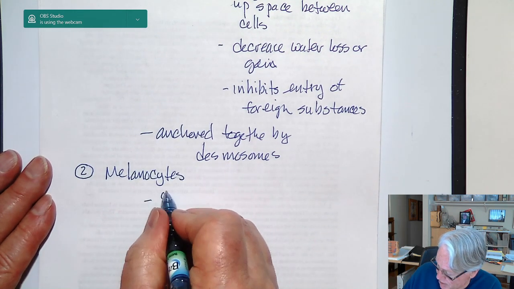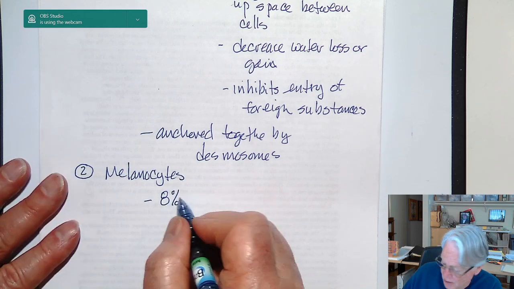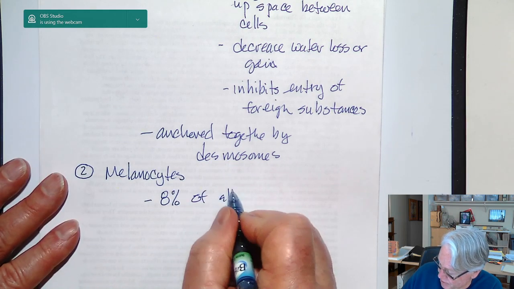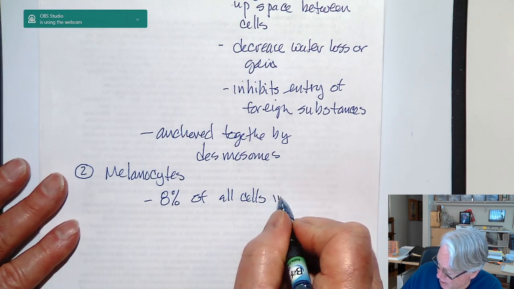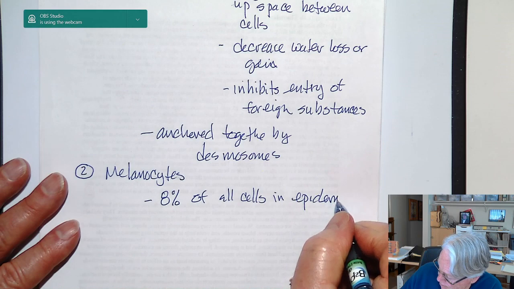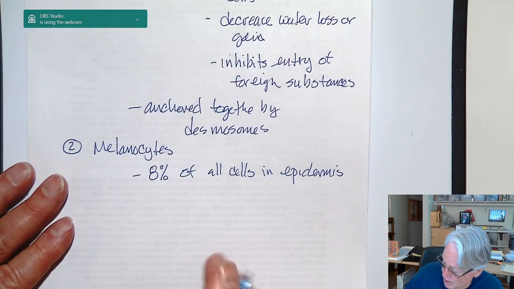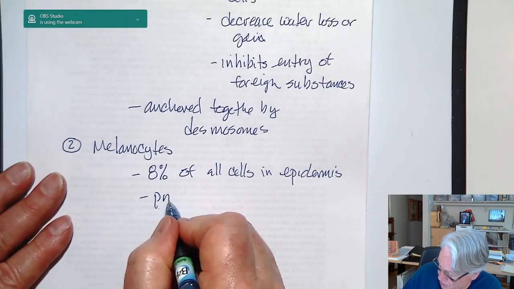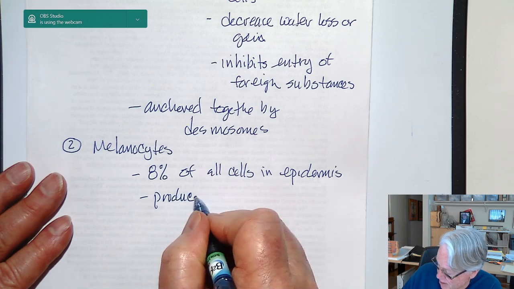And this makes up about 8% of all cells in the epidermis. And these cells produce a pigment.